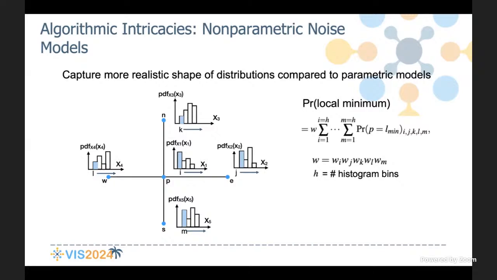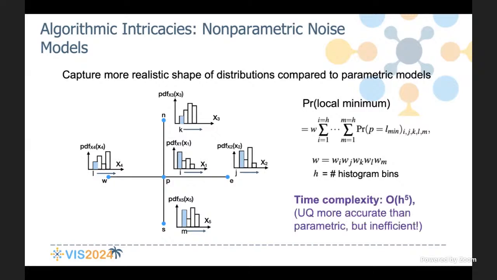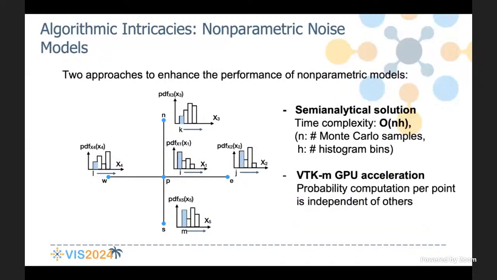So you basically loop through all these uniform combinations and leverage the uniform distribution case I described earlier to derive the local minimum probability. However, the downside is the time. Although it gives more accurate UQ than parametric, it is computationally expensive because the time complexity grows exponentially with the number of histogram bins. So we address that challenge too.